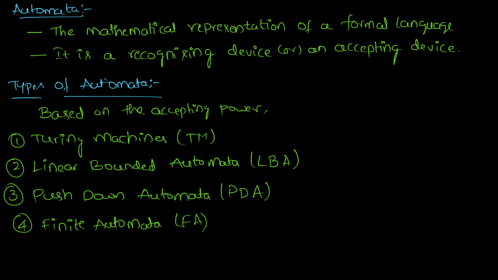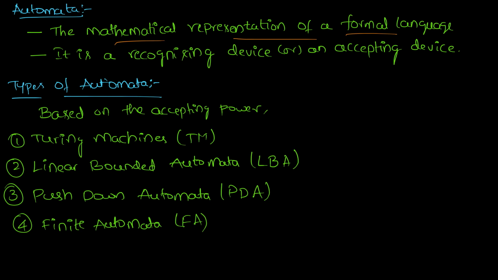Now let's take a look at automata. Automata is a mathematical representation of a formal language. It is a machine which can recognize a language. Let's look at the types of automata and then go to the relation between the automata, language, and grammar.